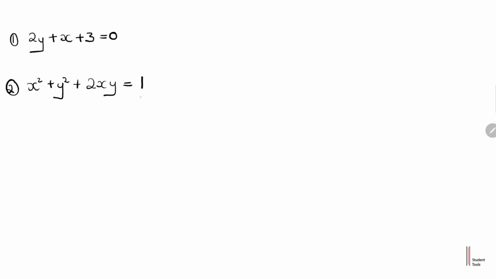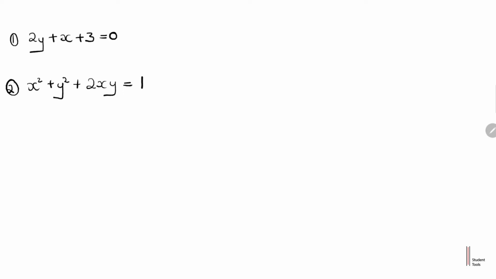So for the first equation, we have 2y plus x plus 3 equal to 0. And then for the second one, we have x squared plus y squared plus 2xy equal to a positive 1. So those are our two equations.